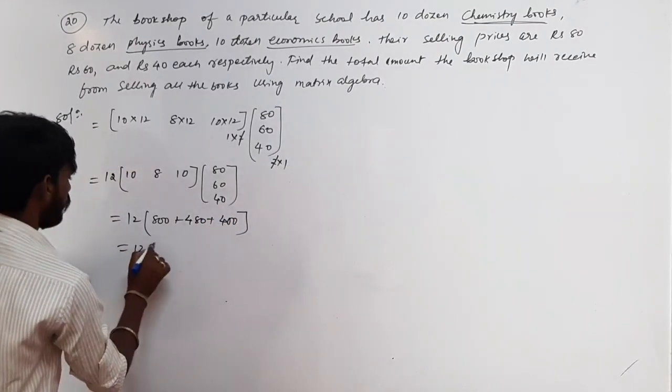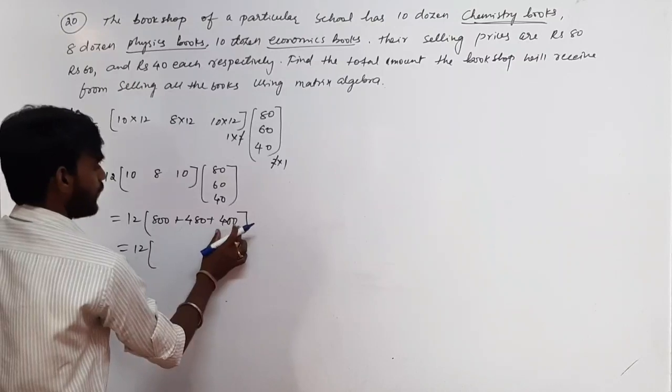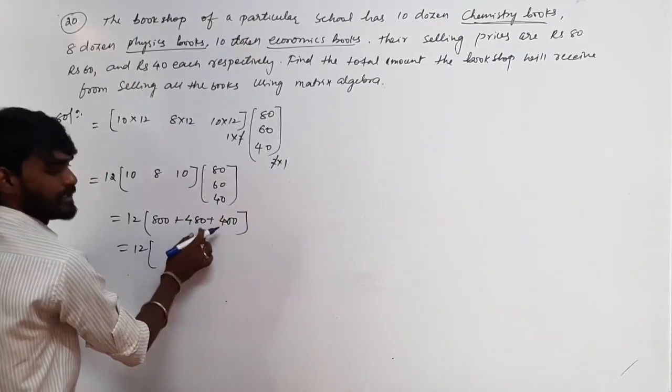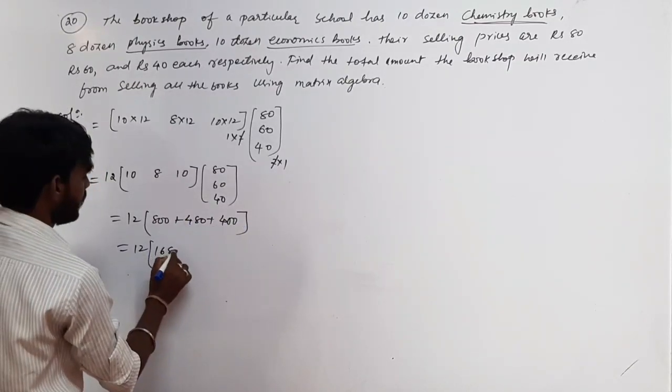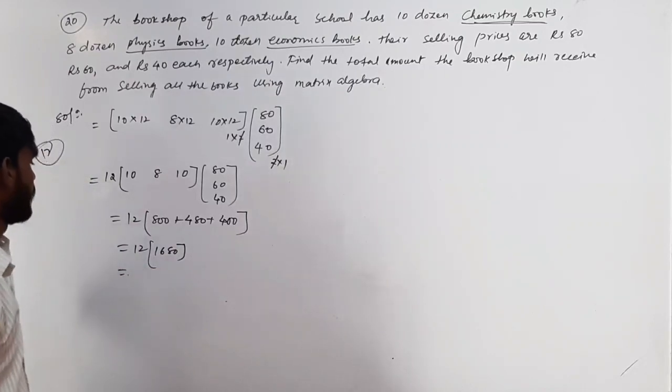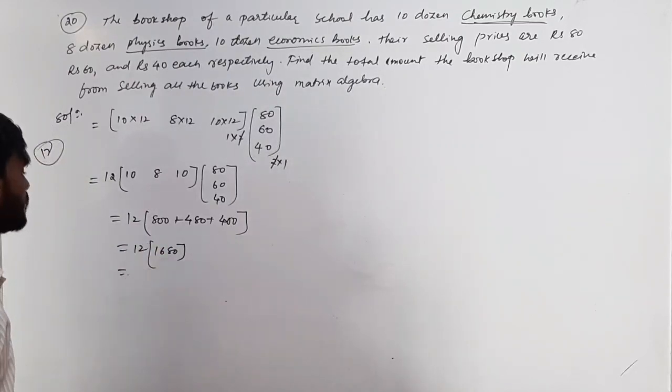So this is 12 into, 800 plus 400 is 1200, 1200 plus 480 is 1680. Now we just multiply 12 into 1680.